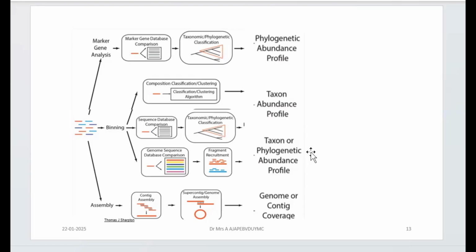And genome or contig coverage, so a particular sequence that you are looking for, right? So this is what is contig assembly. So when I'm saying contigs, these are small fragments, right? So these fragments you are going to join together, and then you are going to have a complete sequence generated.